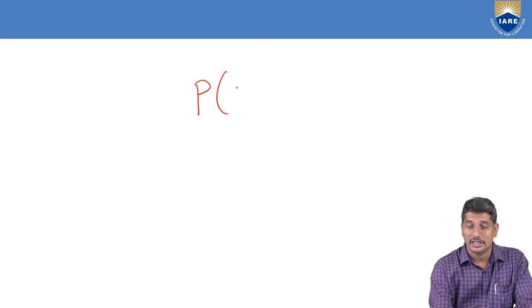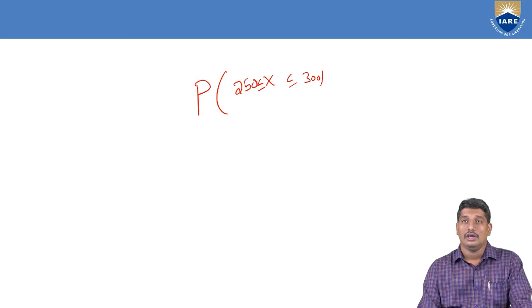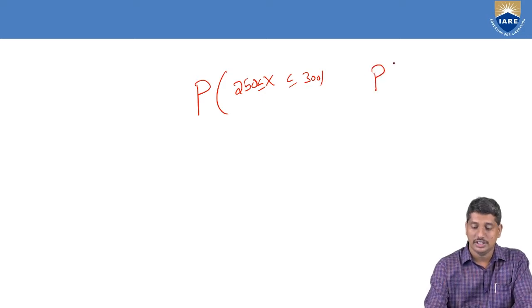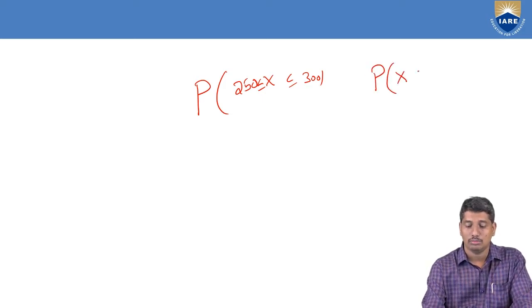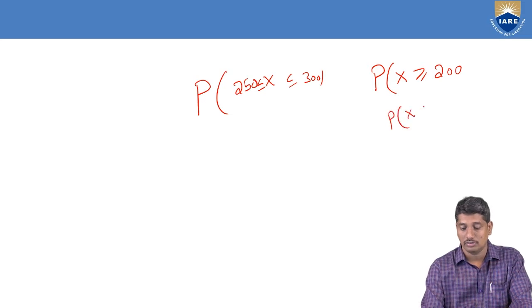The score of India in a one-day match may range between 250 runs and 300 runs. The second situation: India may score more than 200 runs. And the third situation: India may be all out for less than 150 runs.